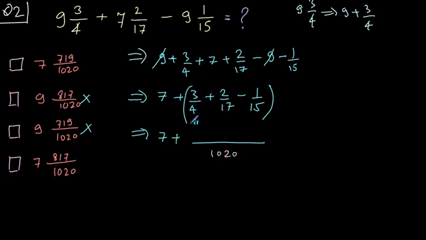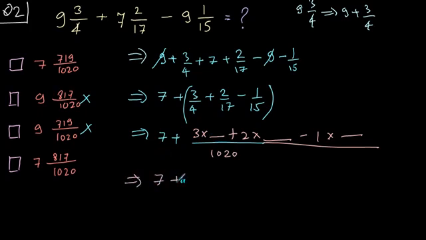Now you have to solve the numerator, so this is going to be 3 into something plus 2 into something minus 1 into something. Now what could come in this place? So it's going to be 7 plus, 3 into how many times 4 is 1020.